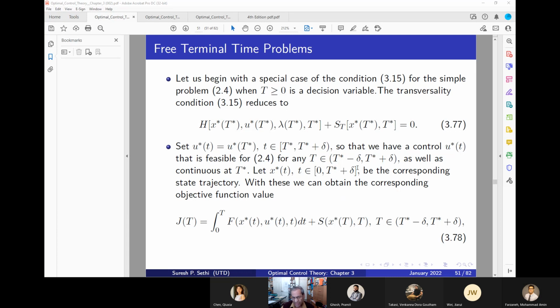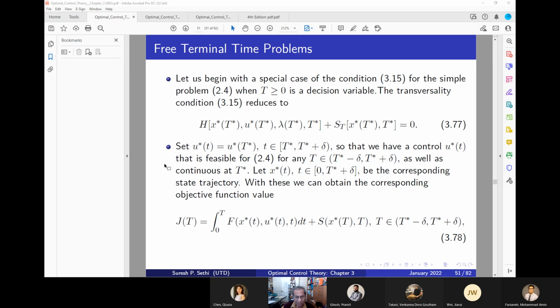If it's T star minus delta, I already know the optimal control all the way to T star. But if it's above T star, I don't know what the optimal value is unless I solve the problem again. And that goes back to the Hartl-Sethi approach in 1983.